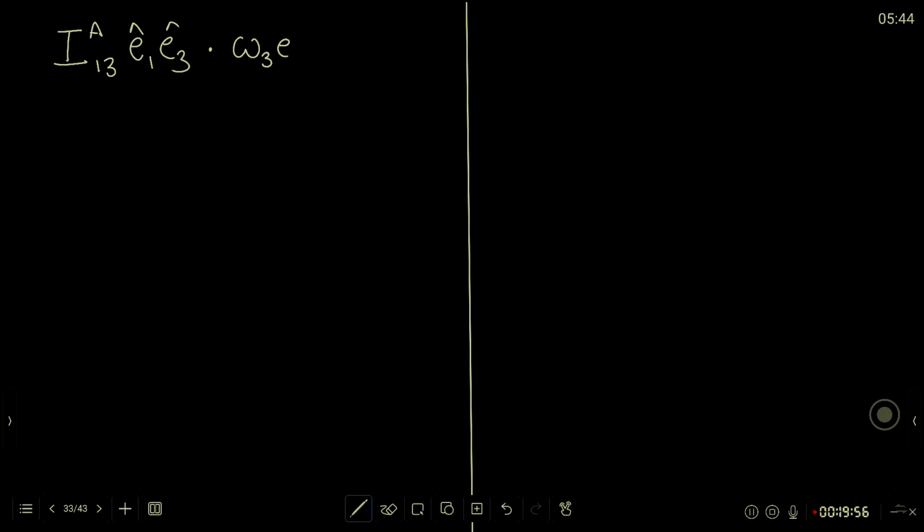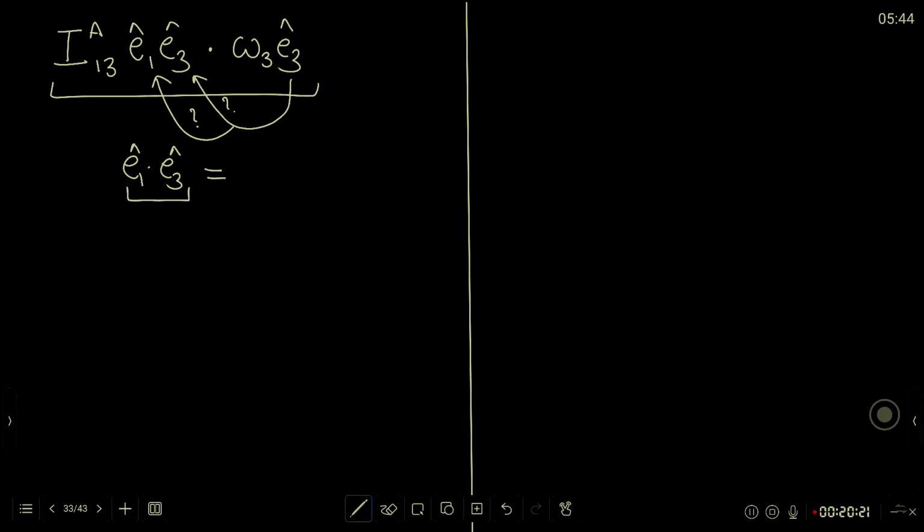This unit vector, will it dot with this or with this? Earlier, when we saw only two vectors having a dot product, there was no ambiguity. E1 dotting with E3 gives 0, or E3 dotting with E3 gives 1. But now a dyad is coming from the left hand side, so a dyad is going to dot with a unit vector. How do we handle this?